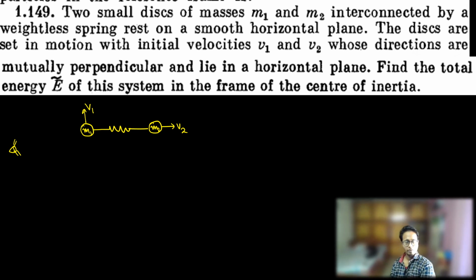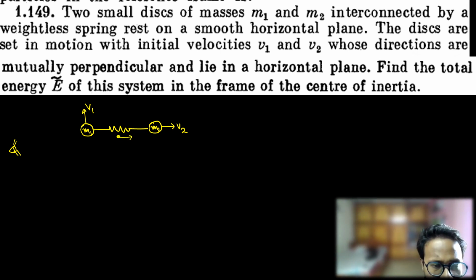One thing, this exact kind of question I have done in question number 147. Look up the previous video. Question number 147 has exactly the same question, where kinetic energy as seen by center of mass. See, this center of mass will move with certain velocity, VCM.